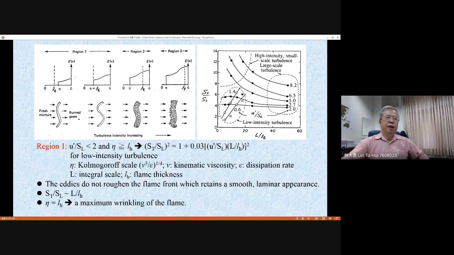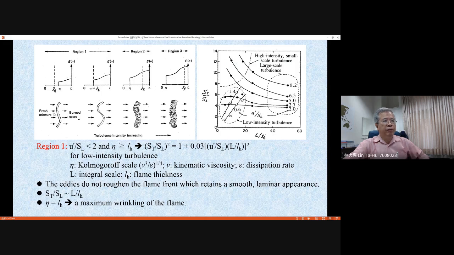Okay. In this case, you will find the region 1, as we described earlier in this first set of figures. They show you the velocity fluctuation divided by flame speed is smaller than 2, and you find that the smallest scale, the Kolmogorov scale, is larger than the flame thickness. The only change they can give to your flame structure is to make the flame have a curvature as shown here.